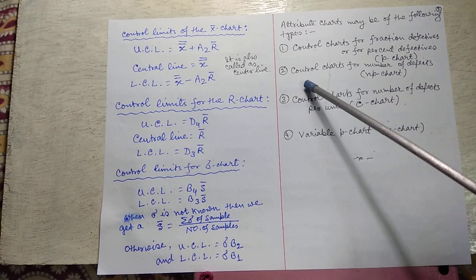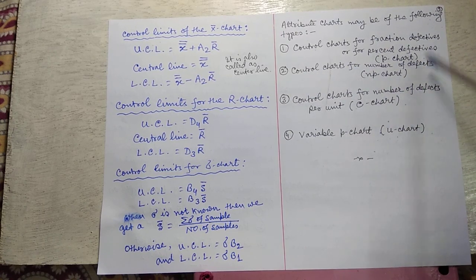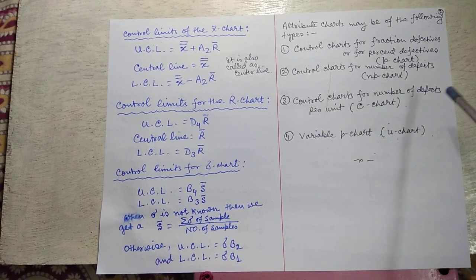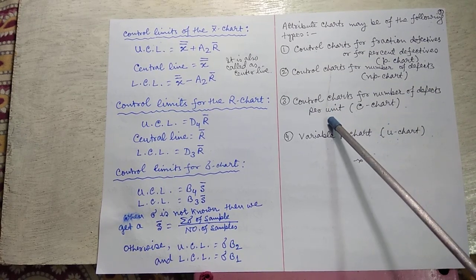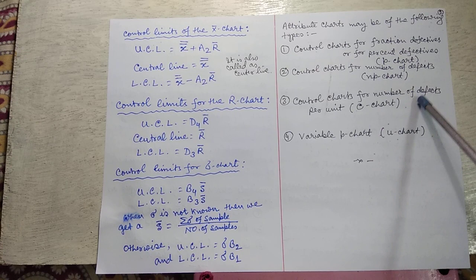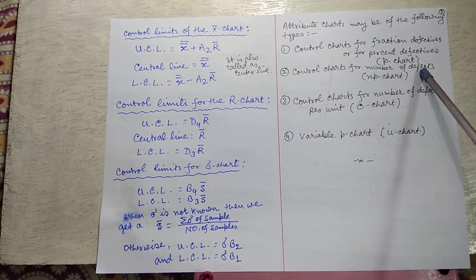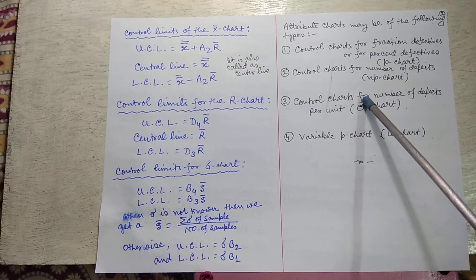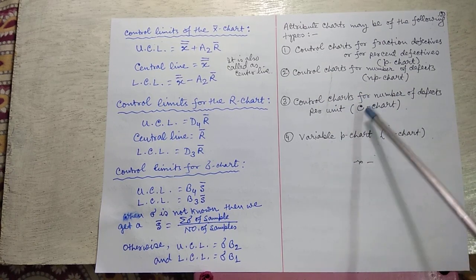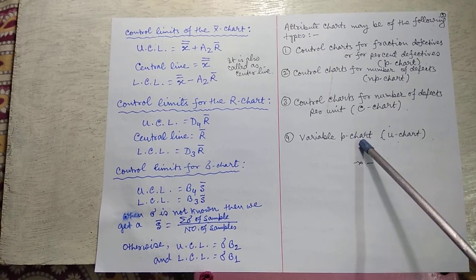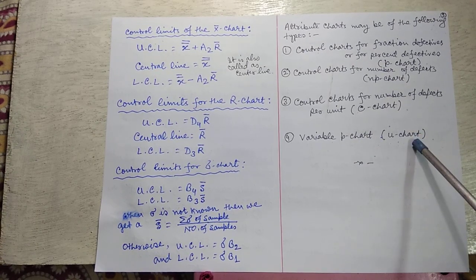So control chart for number of defects is also known as NP chart, and control charts for number of defects per unit. Remember, here number of defects per unit, but here number of defects, total number of defects. Clear? So control charts for number of defects per unit are C chart, and variable P chart is also known as U chart.